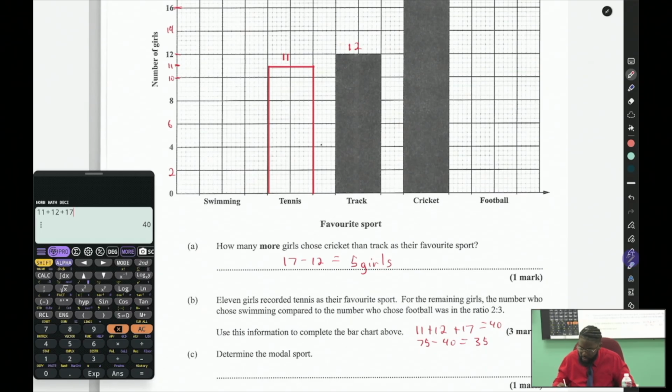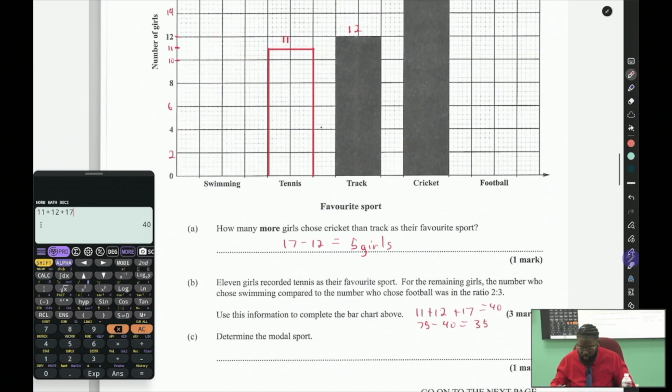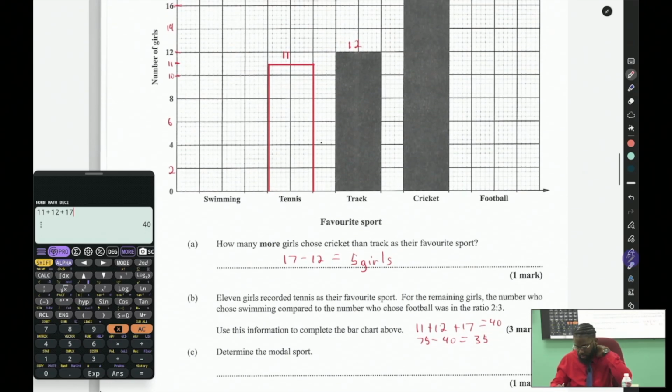And we're going to use the 2:3 ratio to find out who is swimming compared to football. So 2 over 5 times 35, and also 3 over 5 times 35. 5 into 35 is 7.